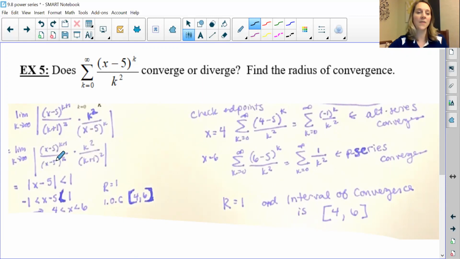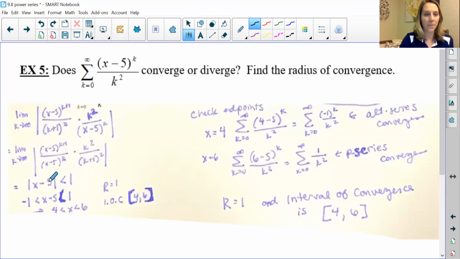Here, we're going to simplify. x minus 5 to the k times x minus 5 to the first. So the x minus 5 to the k's will cancel, and we're just left with the absolute value of x minus 5. And so this will converge when it's less than 1. And so we can see that, okay, well, that's between 1 and -1, right? That's an absolute value, right?